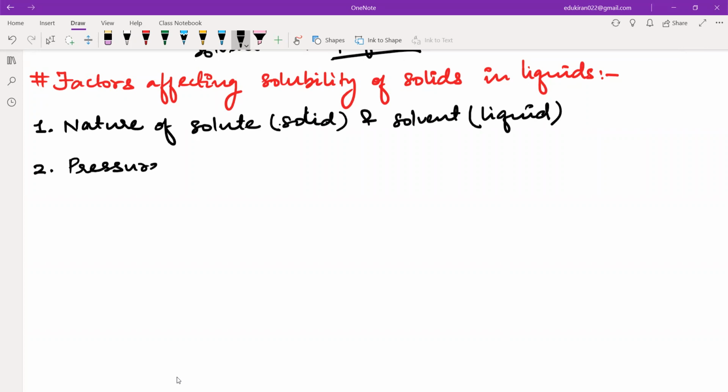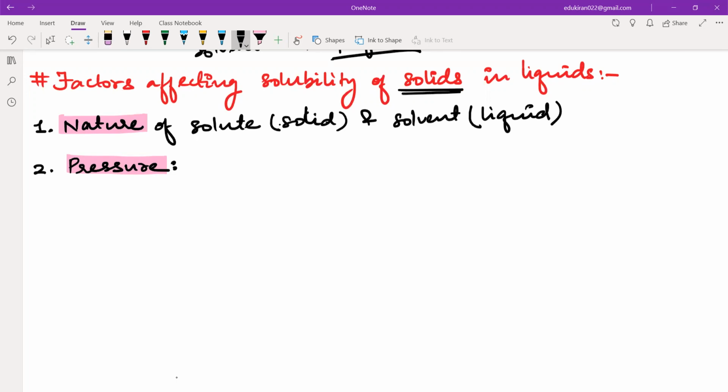Now, next is pressure. What will be the effect of pressure on the solubility of solid? The bigger question is, will pressure have any effect on the solid itself?